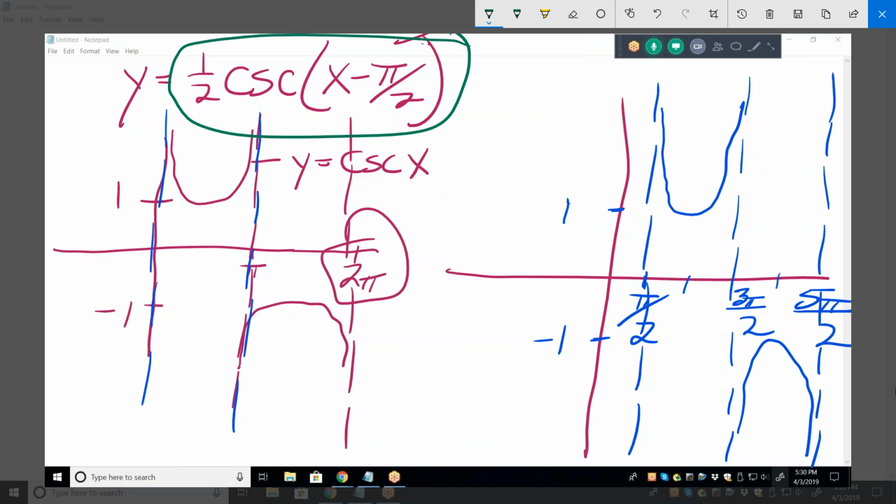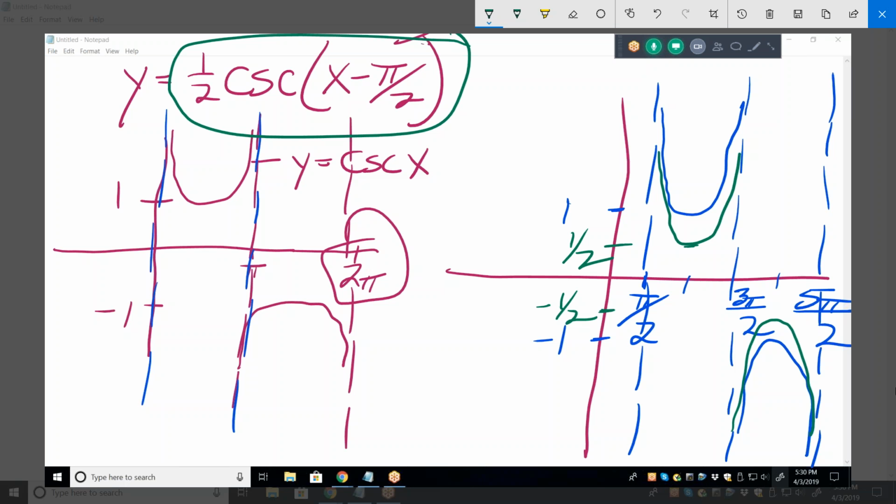What's that 1/2? Is it a vertical stretch or a vertical shrink? Shrink. When it's less than 1, it's a shrink. When it's greater than 1, it's a stretch. So less than 1 means I've got to get down to that point, and on the other side, this point becomes minus 1/2 and this point becomes plus 1/2.